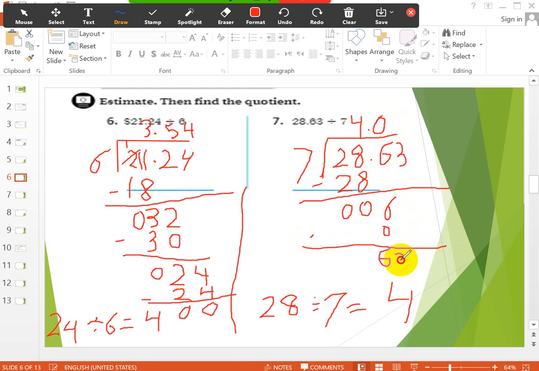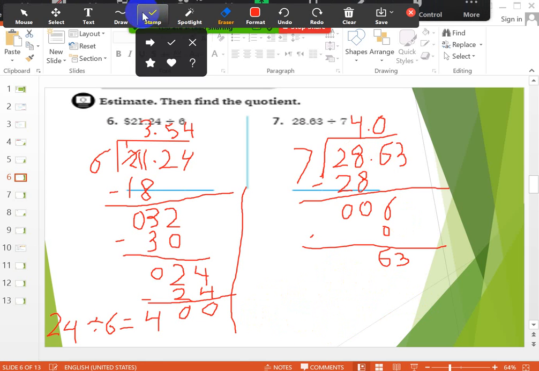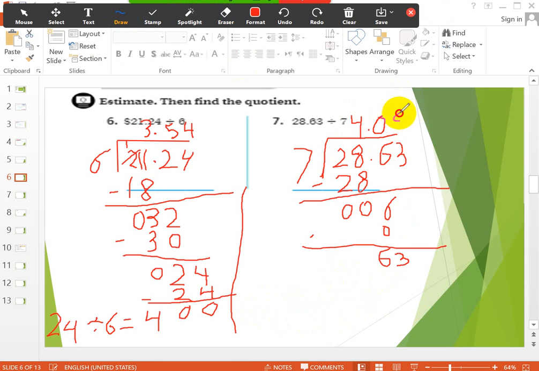Now 63 divided by 7. Can I divide 63 by 7? Yes. What is the number that I will multiply with 7? The answer will be 63. You have to think about the multiplication table. The number will be 9. Now 9 multiplied by 7 equals 63.